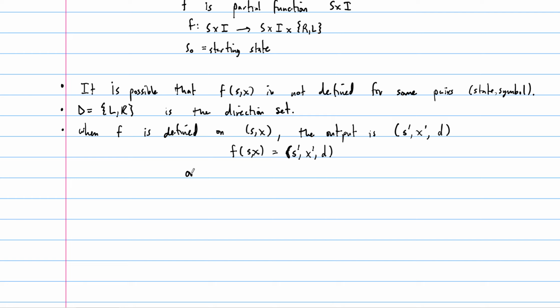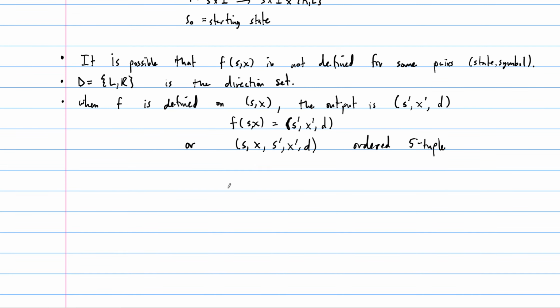So the other way that we could write this is as a single 5 tuple where the inputs are the first two entries and then the last three entries are the ordered outputs. So this ordered 5 tuple describes the transition.